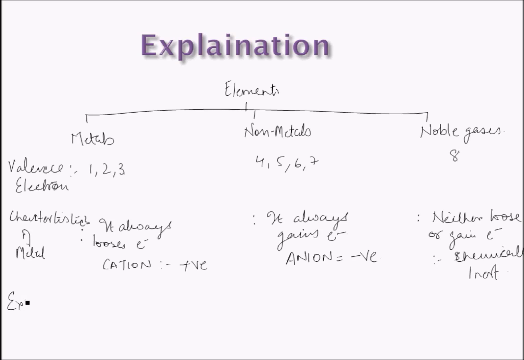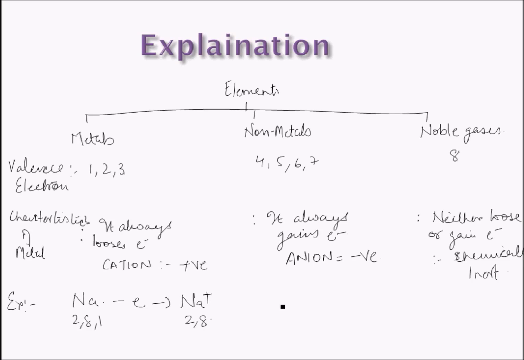If I take the example of a metal, let's take sodium. 2, 8, 1 is the electronic configuration. It has the tendency to lose an electron to make the element more stable. So here it becomes an ion with the stable electronic configuration.